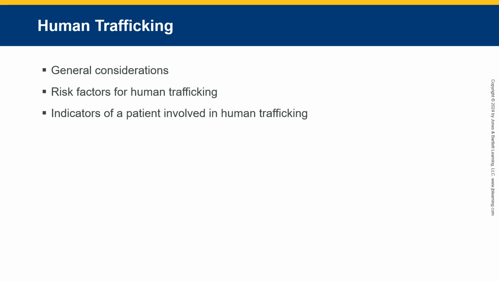Indicators of a patient involved in human trafficking. Well, 87.8% of individuals who are victims or survivors have seen a healthcare professional or healthcare provider. So they are coming in to seek treatment. The National Human Trafficking Resource Center hotline is available to help healthcare providers and can guide them in assessment and referral.